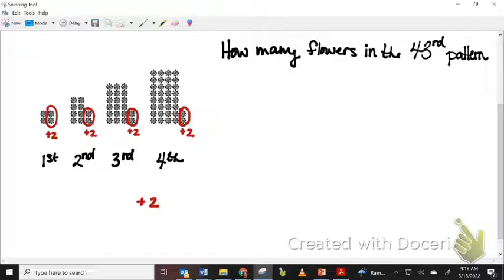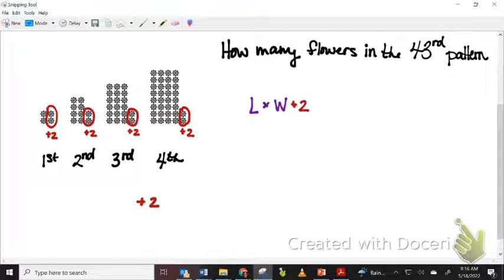How could I find a way of describing how many flowers there are without counting 1, 2, 3, 4, 5, 6, 7, 8, 9, 10? What can I multiply to find it quickly? Remember what shape it is. It's a rectangle, right? Yeah, so it's length times width. So I'm going to do length times width, and then we're always plussing 2, right?